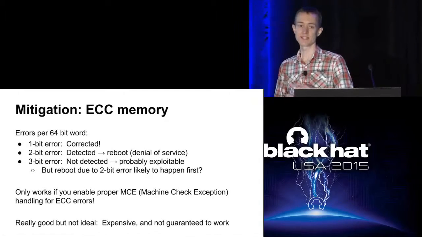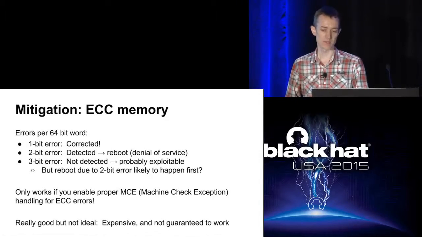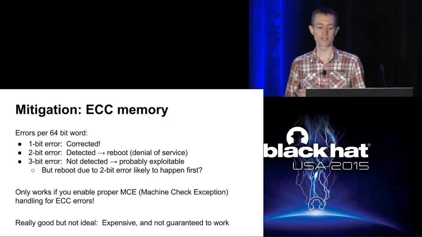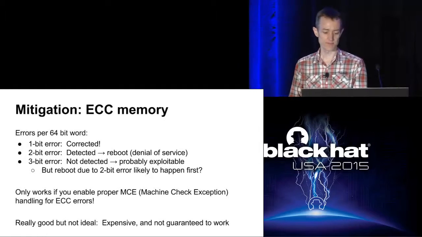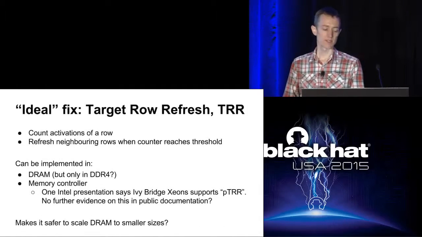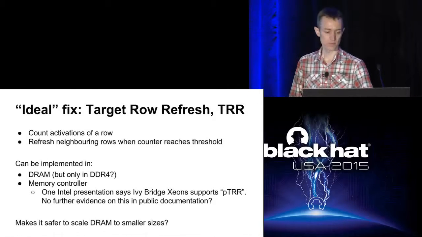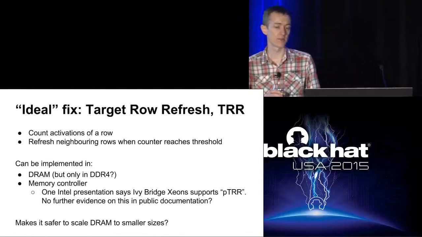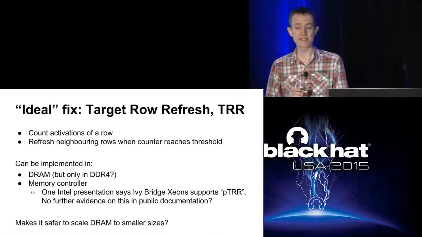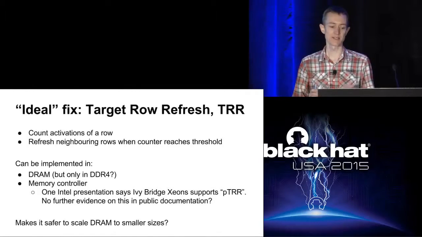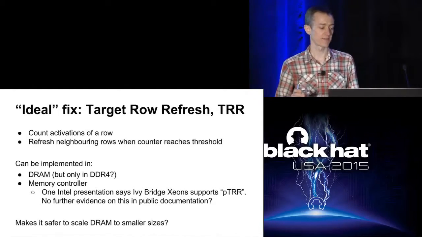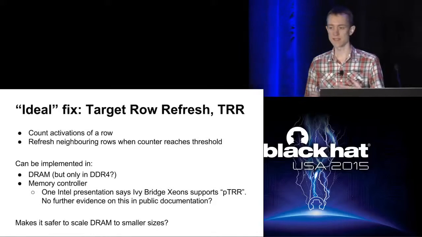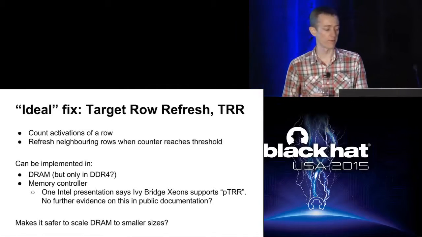ECC doesn't really deal with the root of the problem, because it's not really well suited to dealing with systematic errors. So the second mitigation is called target row refresh, and this is specific to Rowhammer. It requires some hardware changes, but it does get to the root of the problem more.